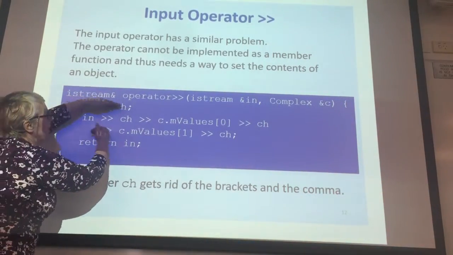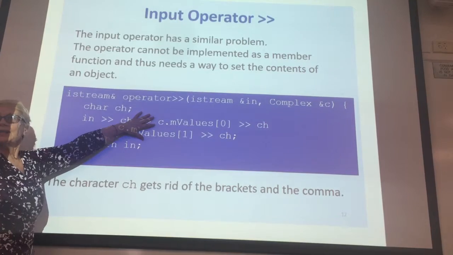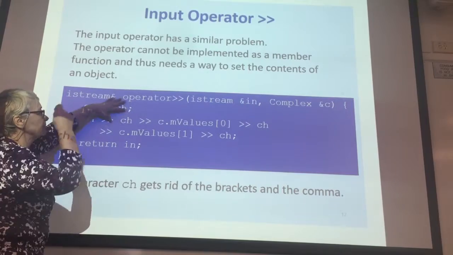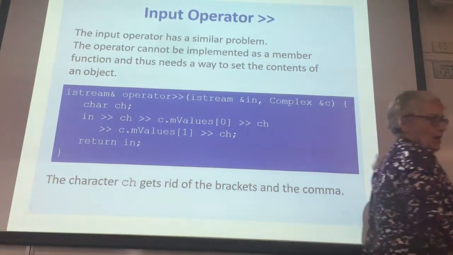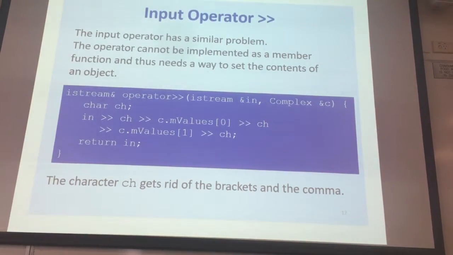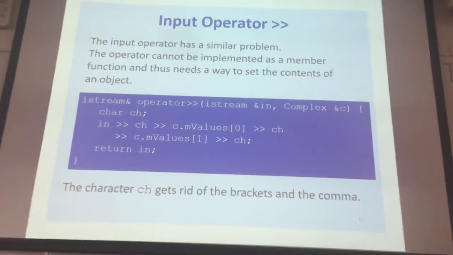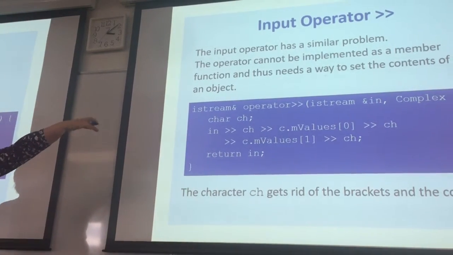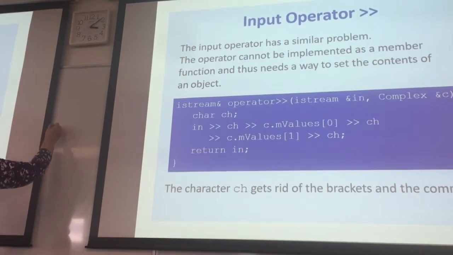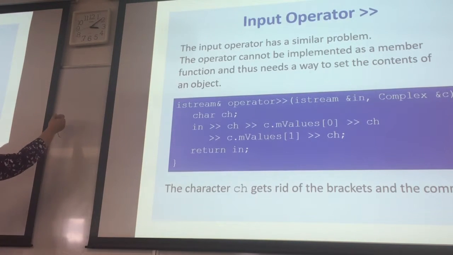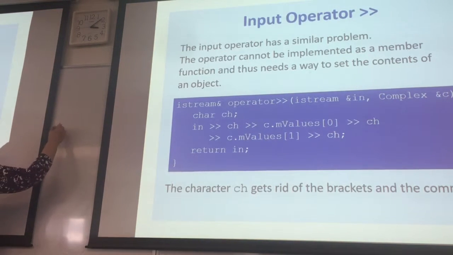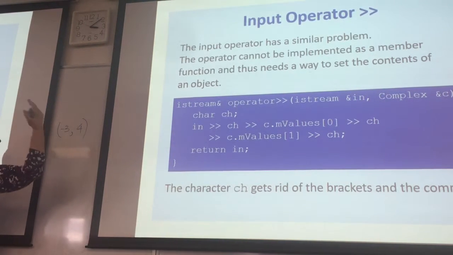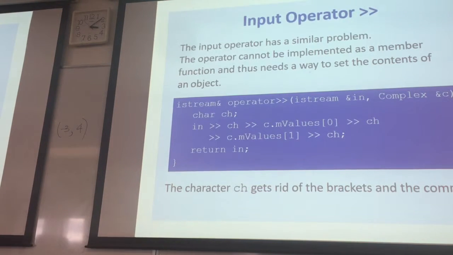We have here the thing which we use to read data, and we assume that we have put some prompt somewhere outside this, where we have said, please enter a complex number as this: round bracket, some integer value, -3, comma, and another integer value, assuming this is the real part, this is the imaginary part.